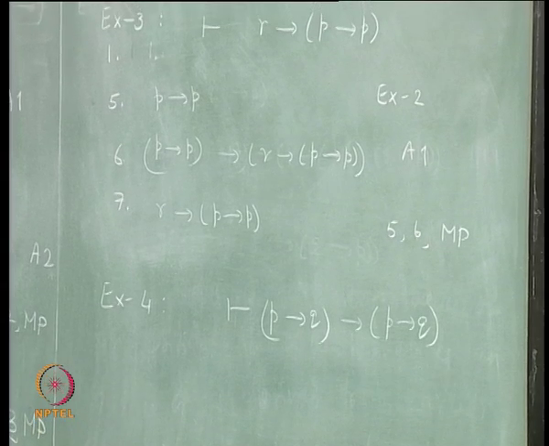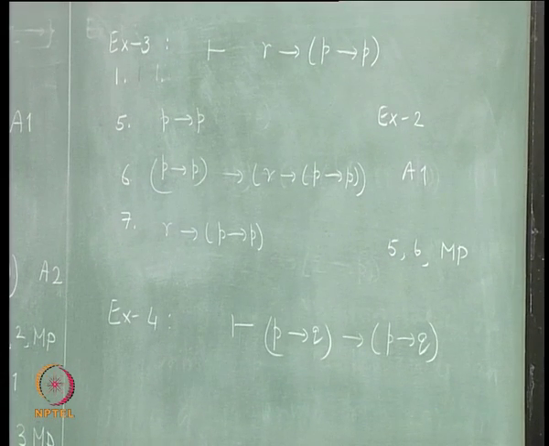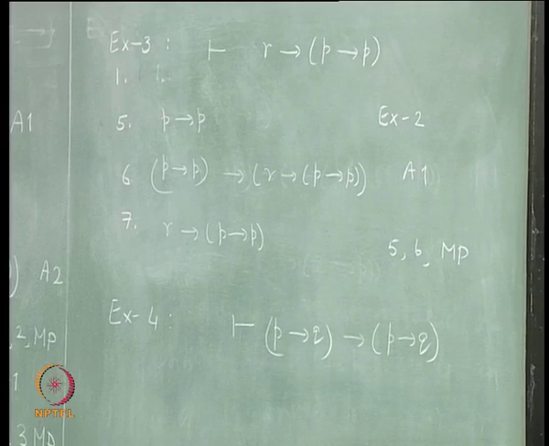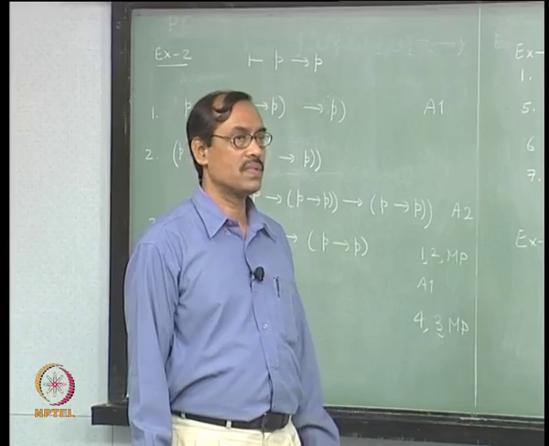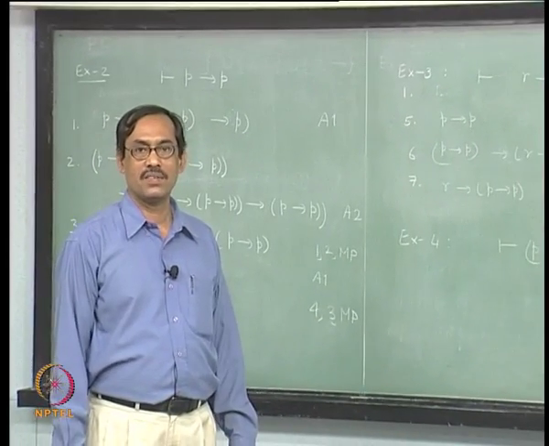What will you do now? Exactly, that is what. So, go back to example 2. In the whole proof, wherever P is coming, you substitute P implies Q there. So, you get another proof.